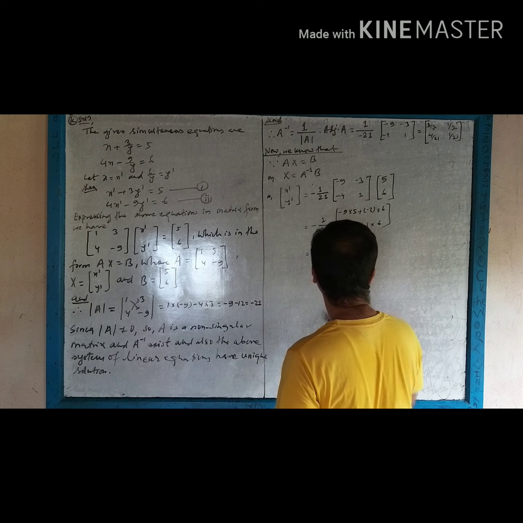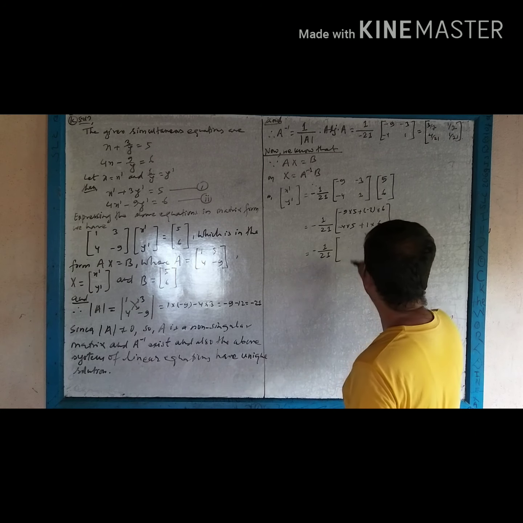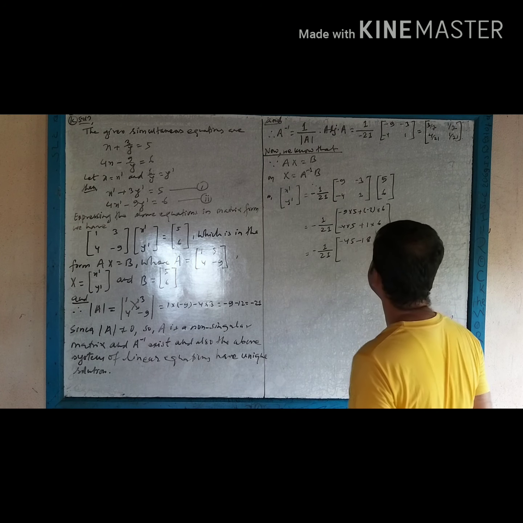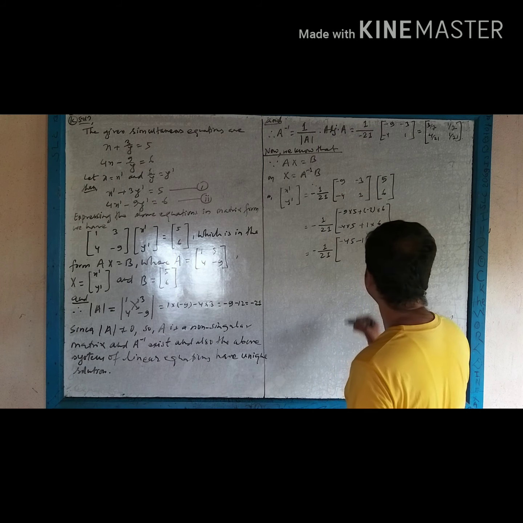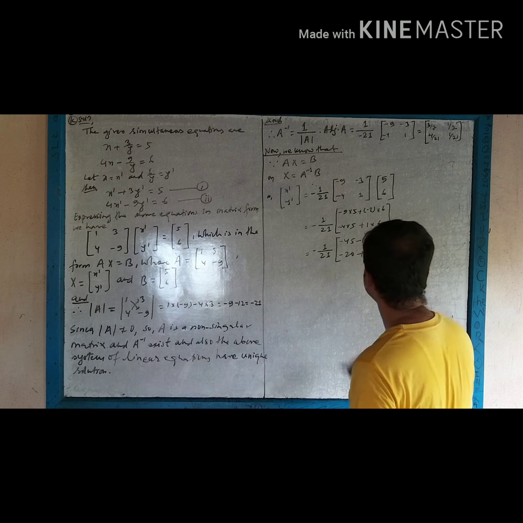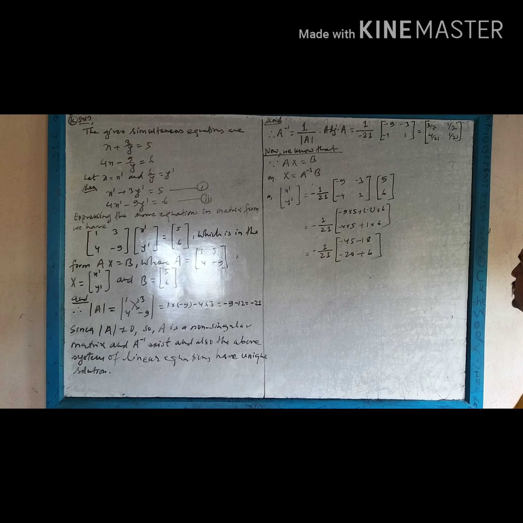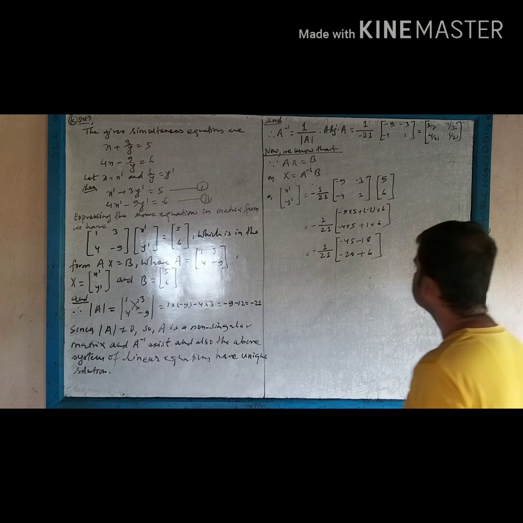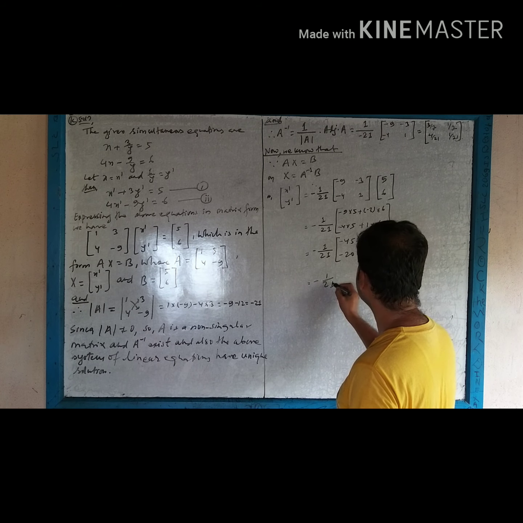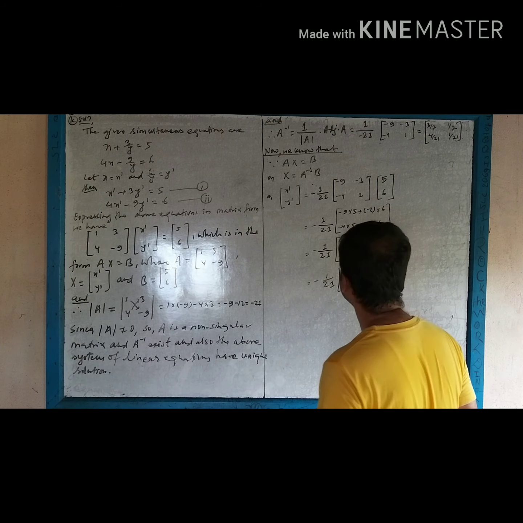21. Minus 45 minus 18, minus 20 plus 6. Minus 20 plus 6 is equal to minus 1 by 21.